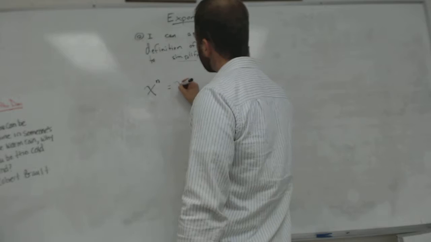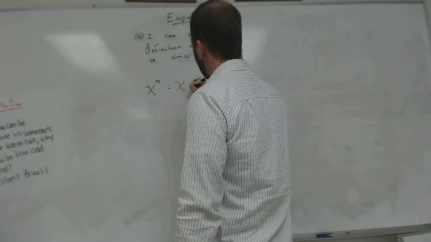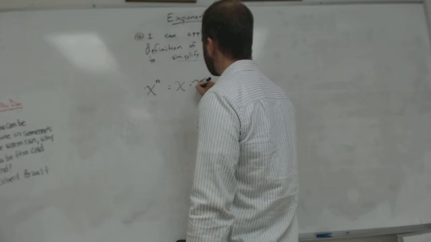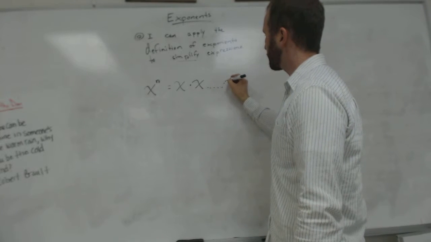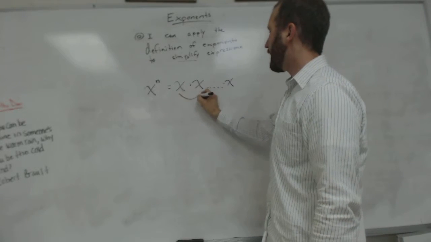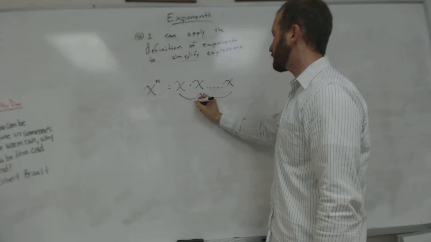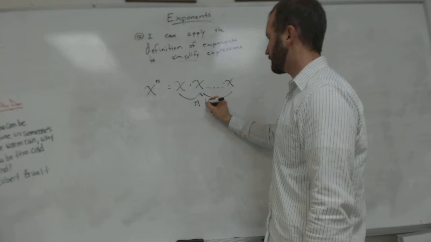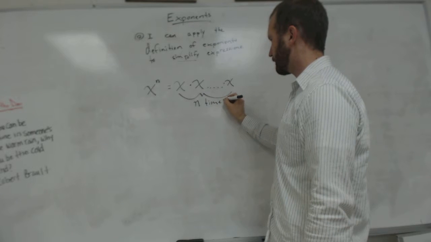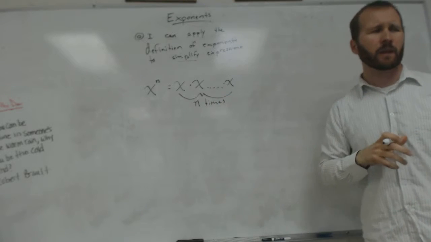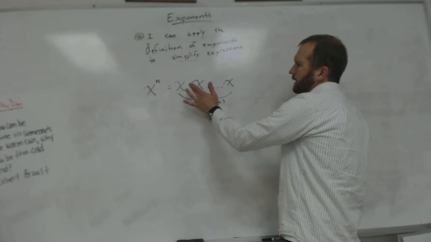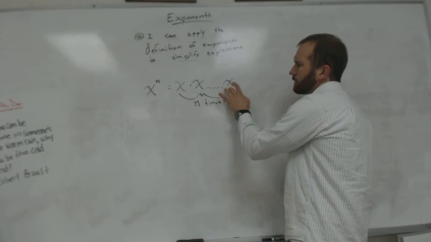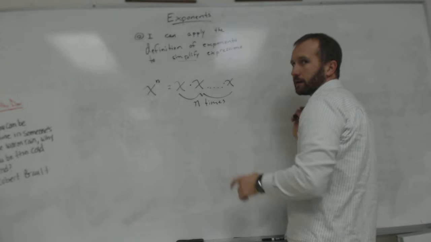So I have my base multiplied times itself n times. X to the n means x times x times x times x times x, n times.